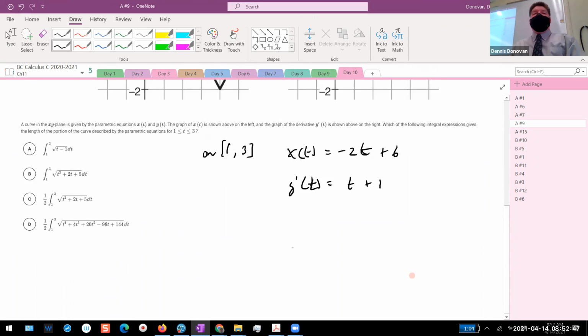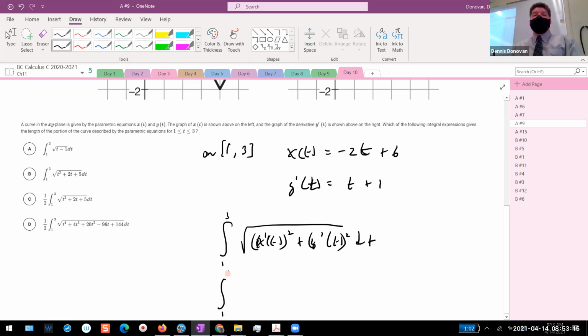So the length of the portion of the curve given is the integral from 1 to 3 of the square root of x prime of t squared plus y prime of t squared, right? We already have y prime, it's t plus 1. This is where I assume a mistake might have been made.